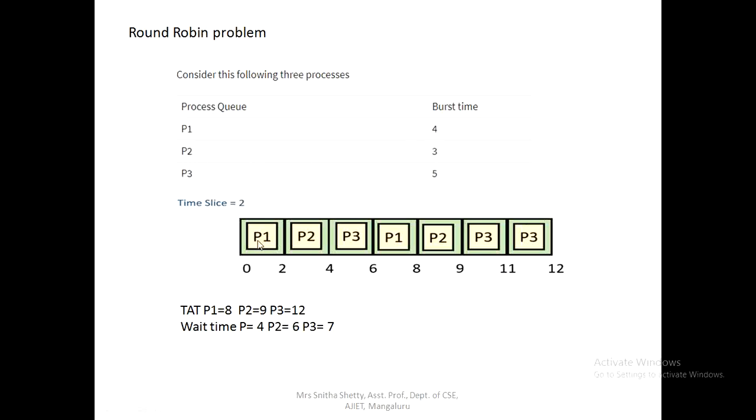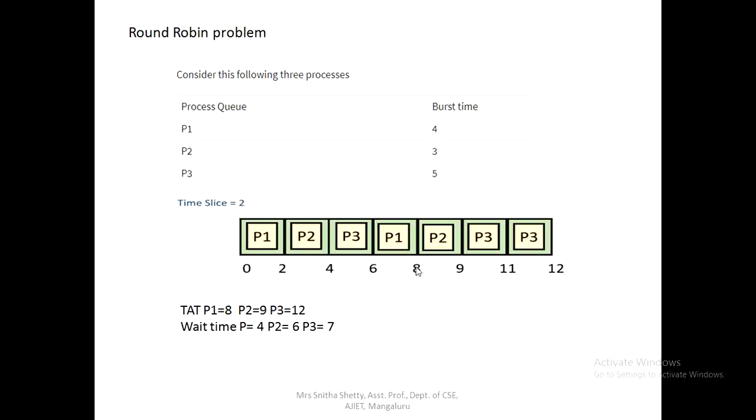So this is known as round robin. Why round robin? Because we give a chance to P1, P2, P3 again, and here P1 and P2 have already completed, so we allow P3 to execute. Now let's see the turnaround time. At what time did P1 complete? P1 completed at 8.